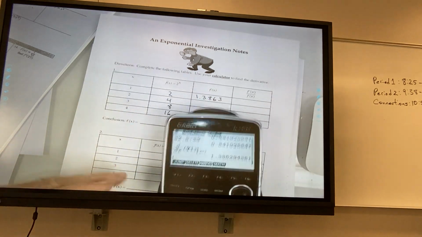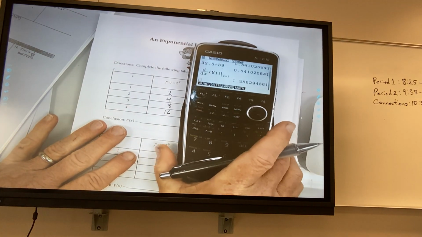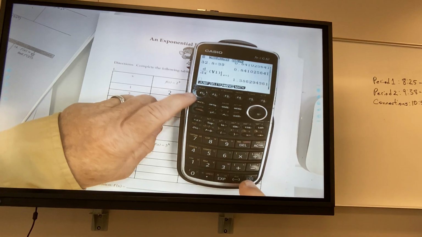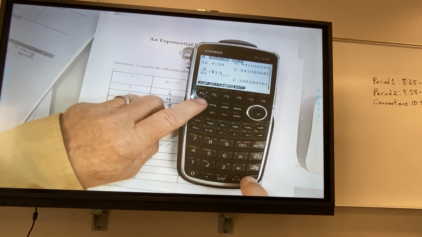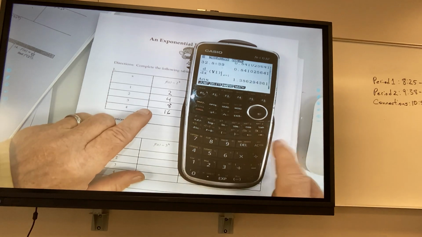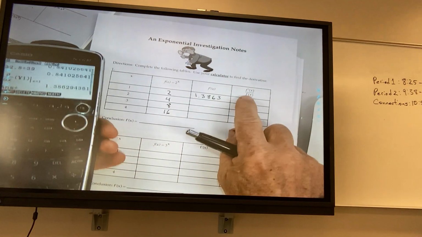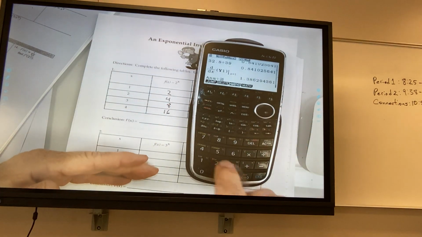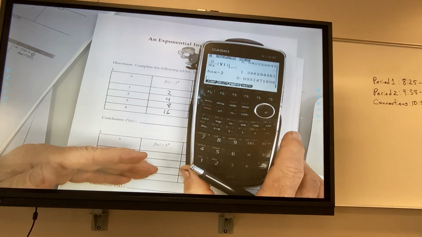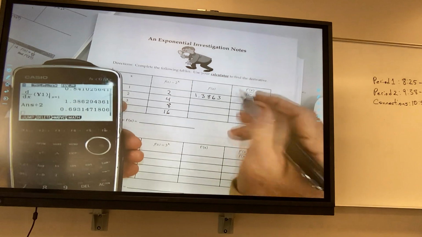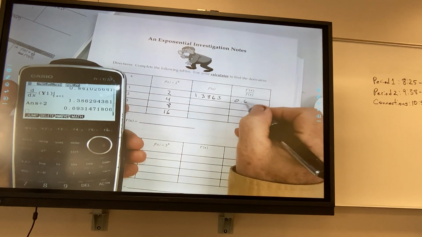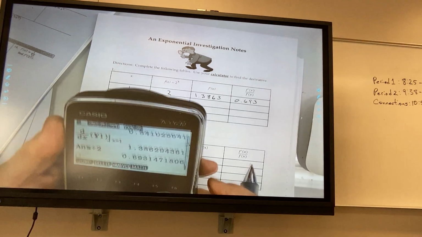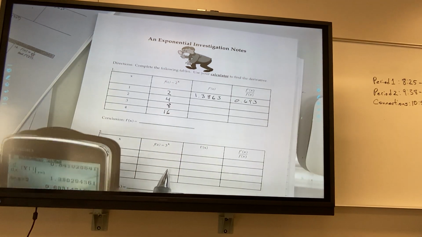Now, it says take that derivative, which is right here, which is my answer. So I'm going to go shift answer and divide it by f of x, which was 2. And I get 0.693. Okay?